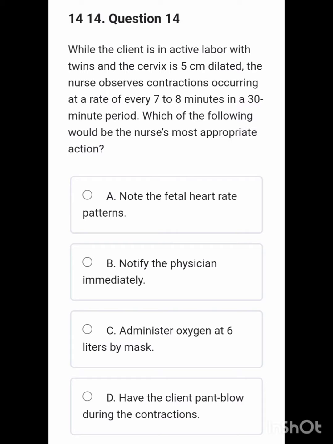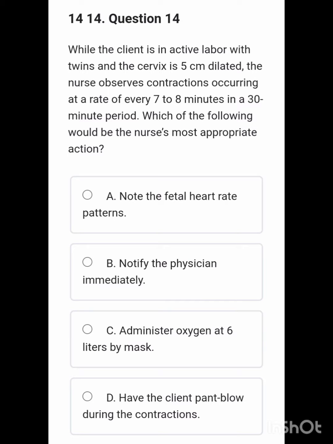After 6 centimeters dilatation, the contractions should be more frequent. The intensity should be more, but here the intensity is less and the duration is also less, so maybe it is hypocontractility.